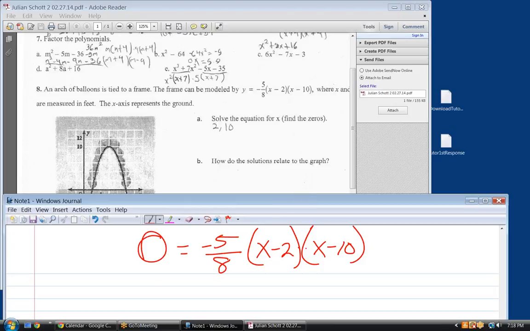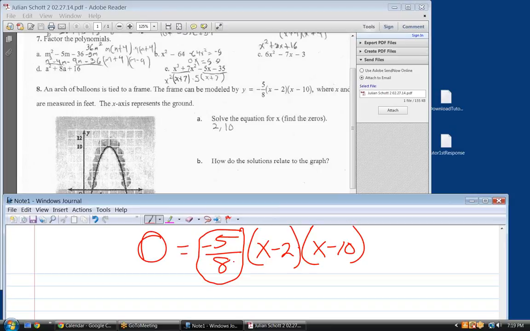What's the first thing I can do to make this a whole lot easier? Basically this coefficient is kind of meaningless because I can turn it into 1 by multiplying both sides by negative 8/5.